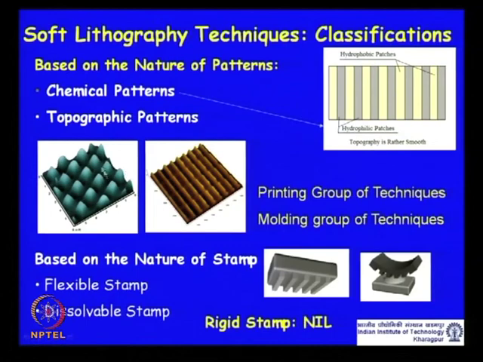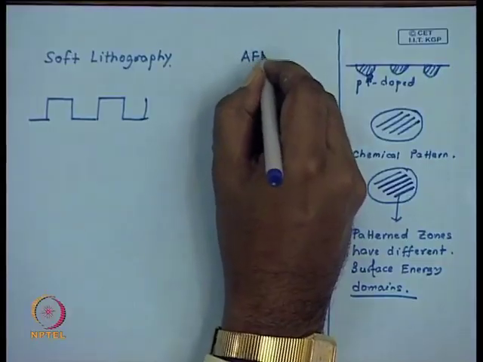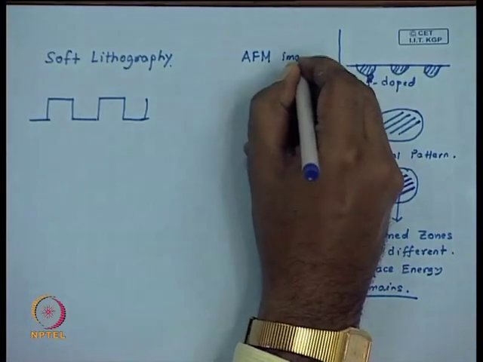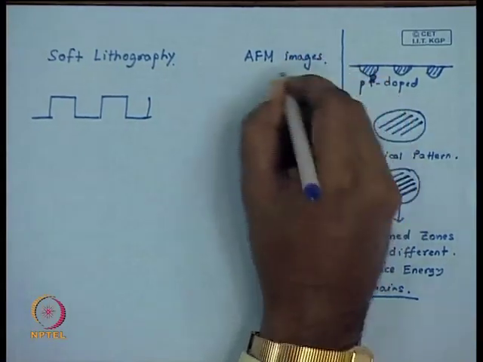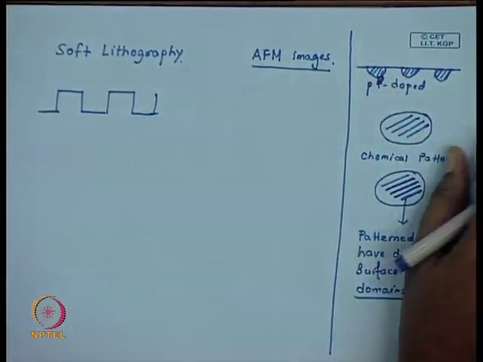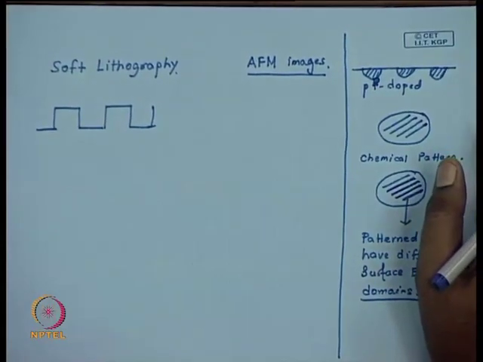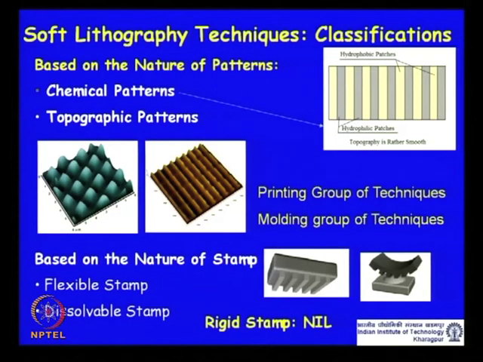By the way, you might be seeing these images pretty routinely now. I think I mentioned in one of the previous classes that these are atomic force microscope images, or AFM images, which is again a very advanced instrument for visualizing and analyzing micro, nano and mesoscale structures.